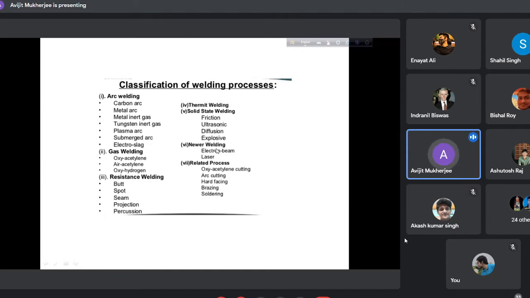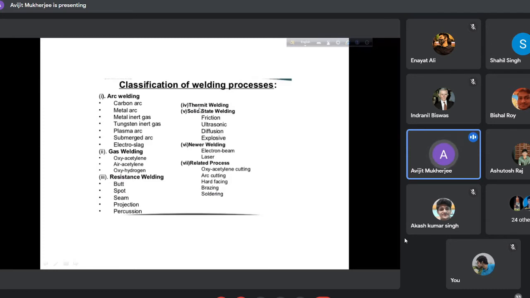Some newer techniques like electron beam welding, laser beam welding, then solid state processes, friction, ultrasonic, explosive bonding, diffusion bonding, all these are various advanced technologies. Then submerged arc welding, which will be discussed.